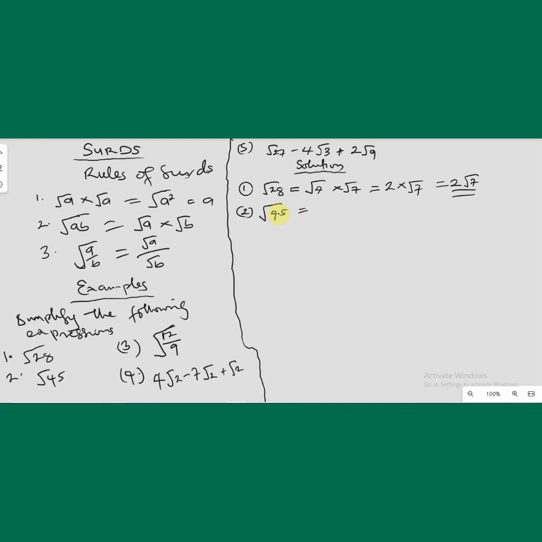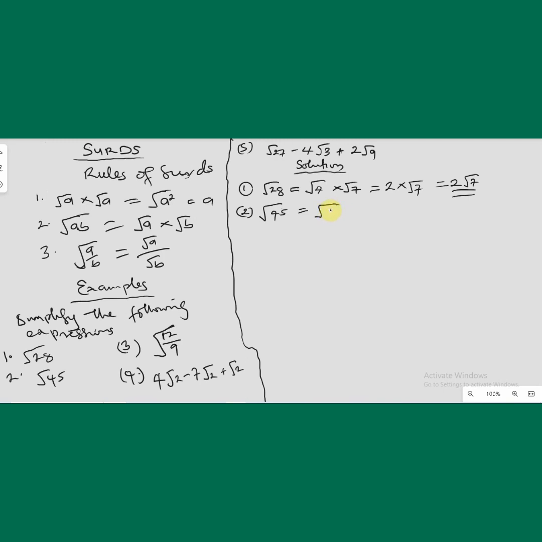You know, 45 as a number is the same thing as 9 times 5, because when you multiply 9 by 5, you're going to have 45. And you know 9 has a square root, so it's not a surd, but 5 is a surd because you can't simplify it further.